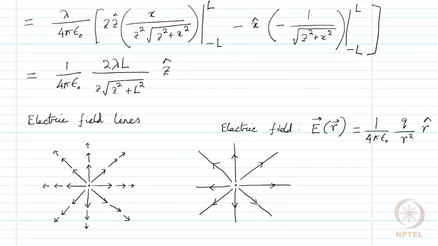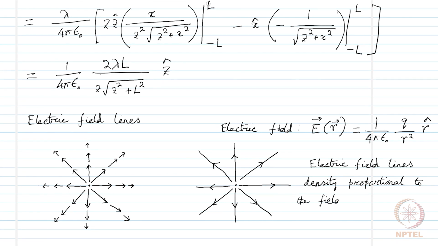Rather, in the case of electric field lines, the density of those lines represents the electric field. The density is proportional to the field strength. This is how we conventionally talk about electric field lines.